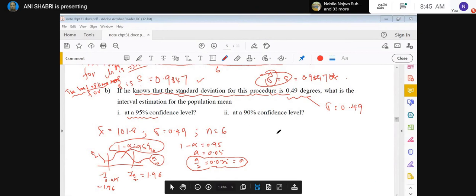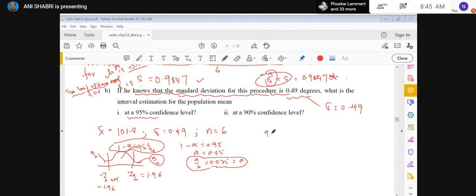Okay, from here we can calculate. If you see formula number one, the 95% CI, CI is confidence interval. For mu it is equal to the formula x bar plus minus Z alpha divided by 2 times sigma divided by square root of n.